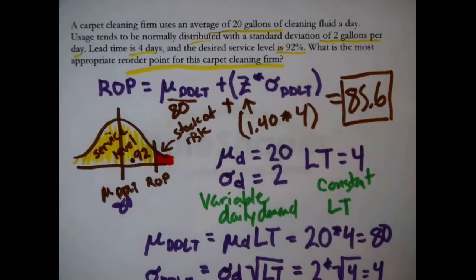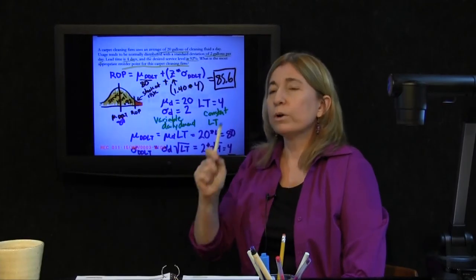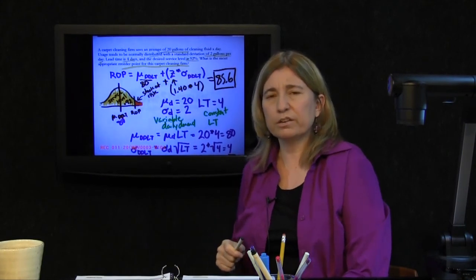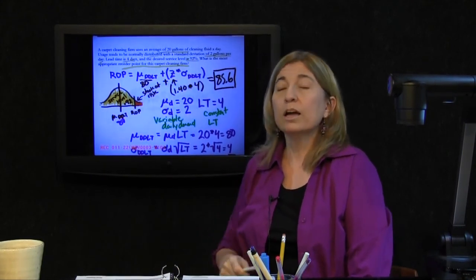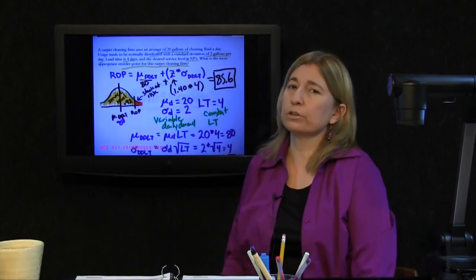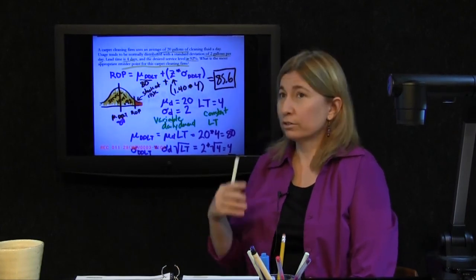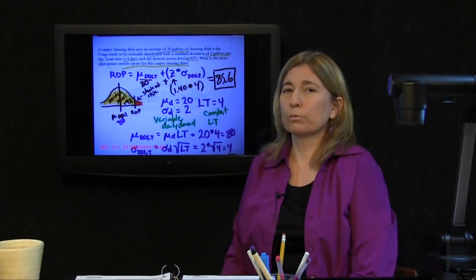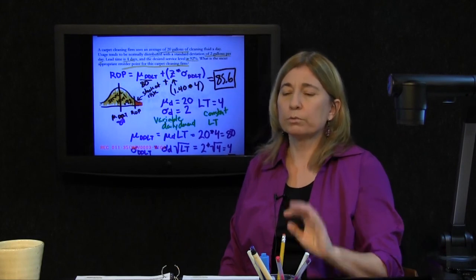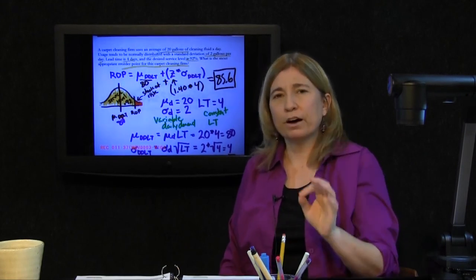That's what I get on my calculator. That's the reorder point. Reorder when you have 85.6 gallons of that cleaning fluid left in stock. Why? Because 92% of the time that will last you till the new order gets there. 8% of the time you are going to run out, but what they asked for was a service level of 92%, so the reorder point should be 85.6.